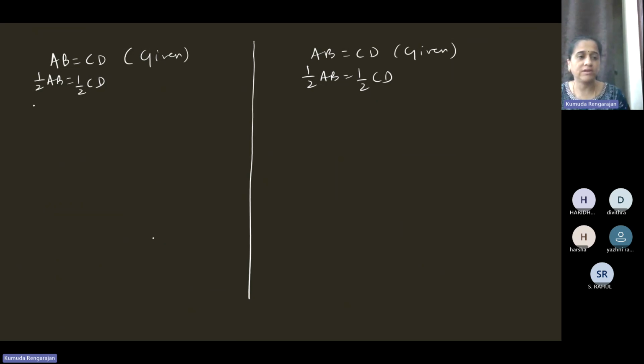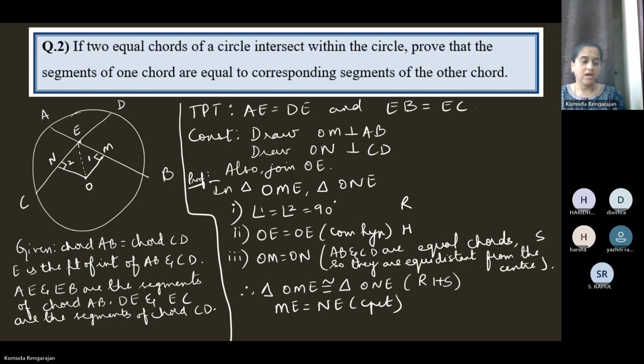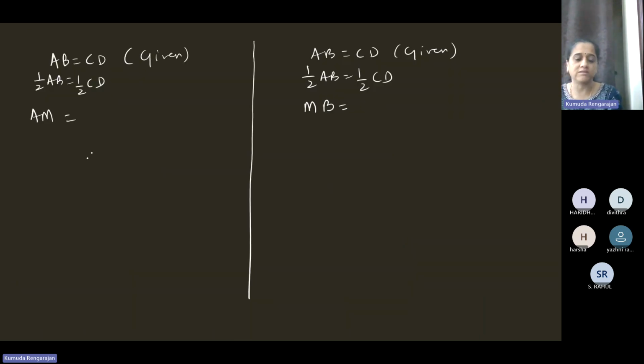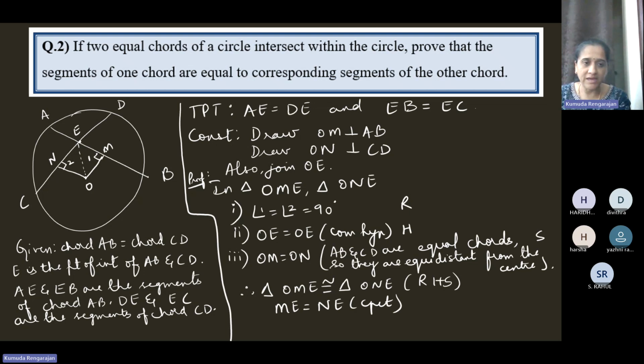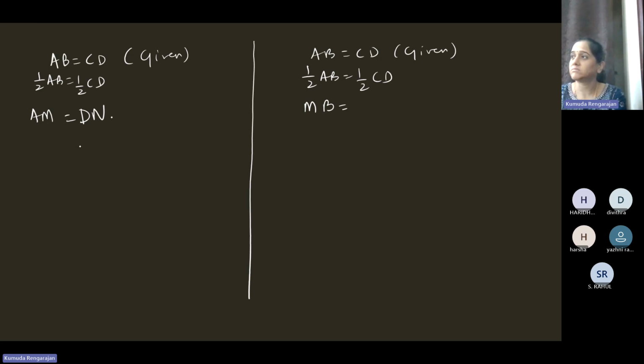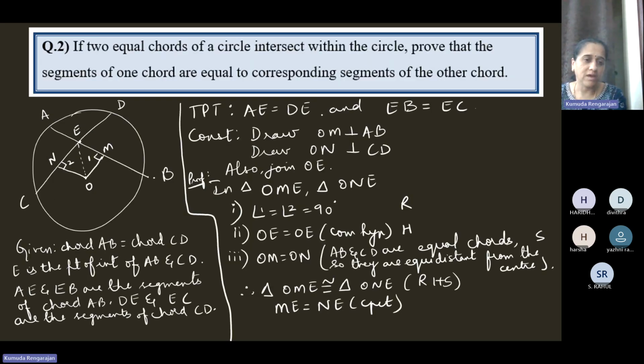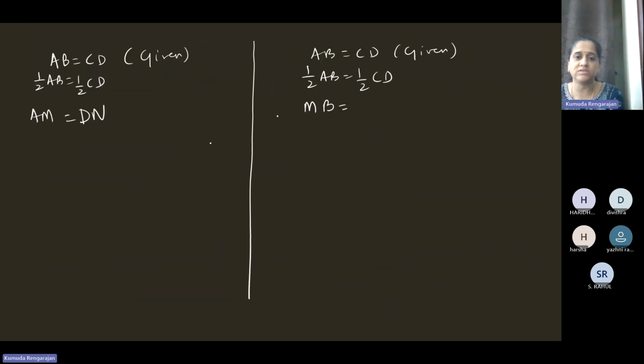Here we'll write AM, here MB, equals half CD, which is DN or NC. Where you've written AM, you should write DN, and where you've written MB, you should write CN. Correct?